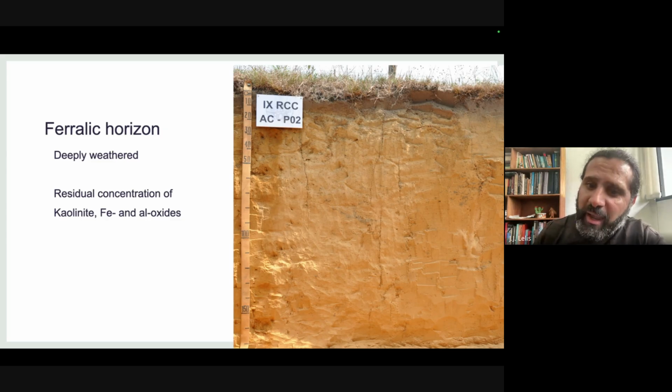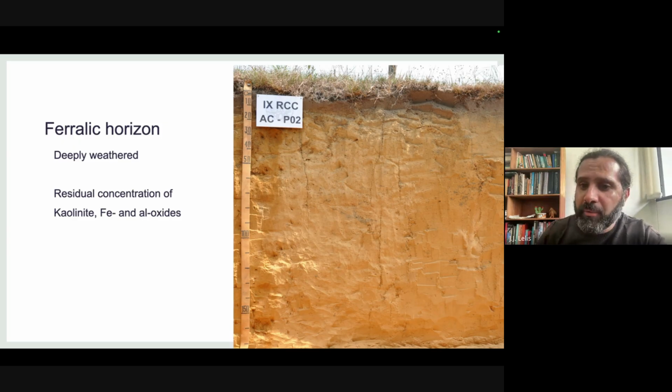So we have a high content of iron, but now the iron is not suffering oxidation and reduction, or it did not suffer this kind of cycling of reduction and oxidation in the past.